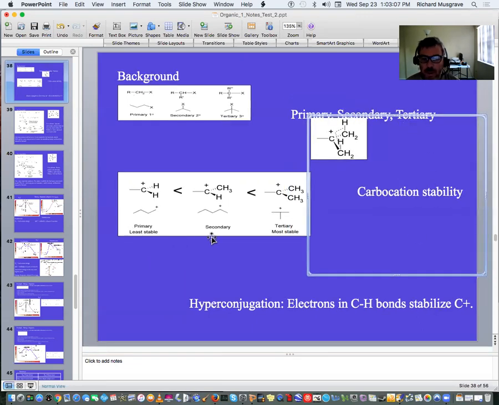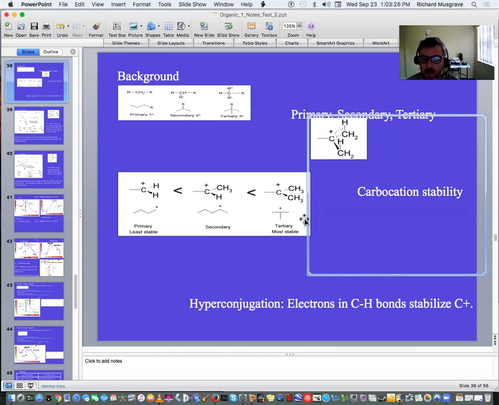All right, so what we know about carbocation stability is that tertiary is the most stable, secondary is the second most stable, and primary is the least stable. And the reason that tertiary is the most stable is because of a concept known as hyperconjugation.